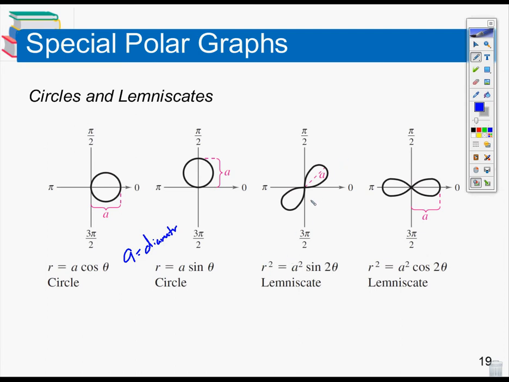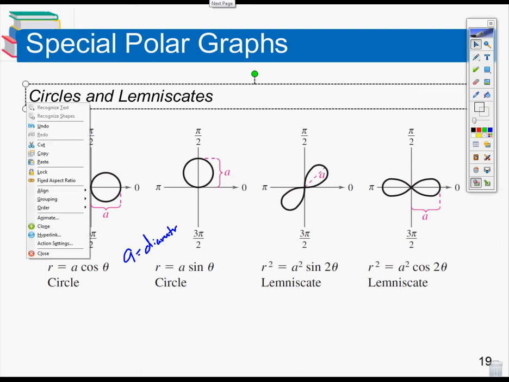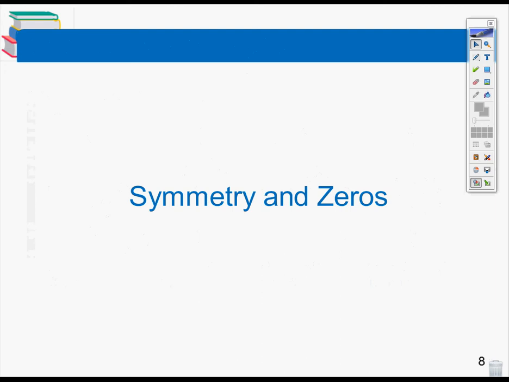So these are very easy to identify because they're the only type that have the exponent. So again, this a value in here represents kind of the diameter of one of the loops. Alright? So that's all the different types of special polar graphs.